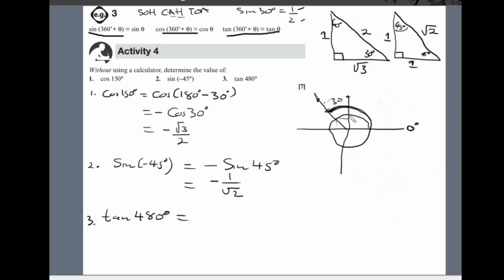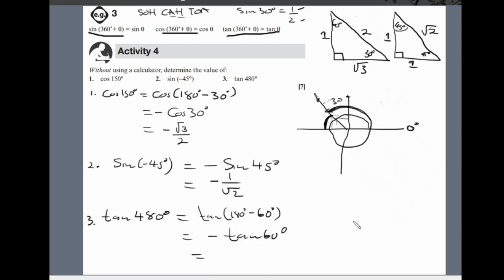Now because the angle between the y-axis and the x-axis is 90 degrees, you say 90 minus 30 to get this angle, which will be 60 degrees, right? So this is the same. 480 is the same as saying tan of 180 minus 60, because tan is negative in the second quadrant, so we will have minus tan 60 here.